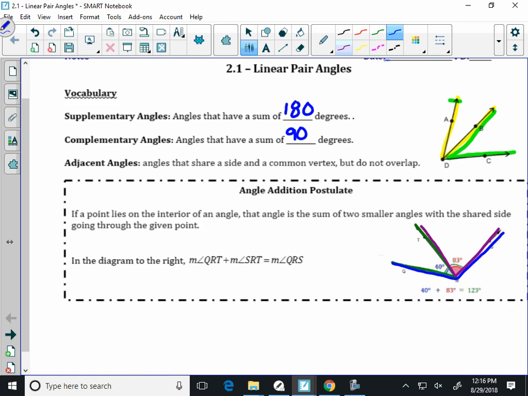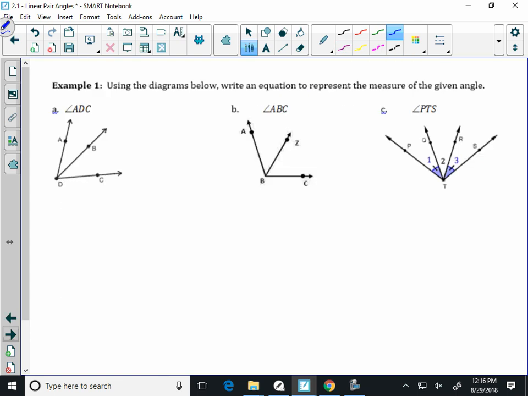So we're going to get some practice with that. We're going to get some practice with writing equations that look like this. That'll help us with what we're doing later on. Here we're going to use these diagrams to write an equation that represents the measure of the given angle. My given angle here is ADC. So to write an equation that represents that angle, all I'm going to do is add the 2 adjacent angles together.